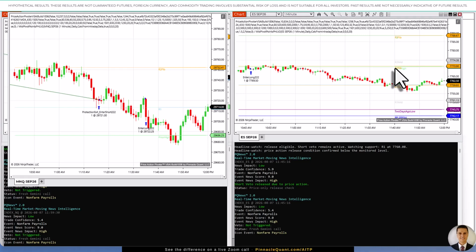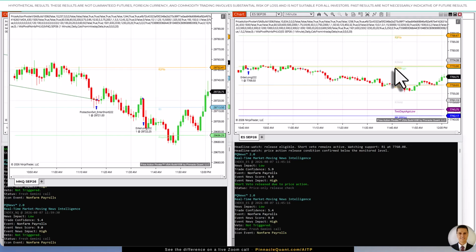Go to my website, pinnaclequant.com, go to the trading blog page where you can see all the updates, and scroll all the way down to download that tool. It's a dashboard. You upload the CSV file that comes from the executions tab of NinjaTrader, and it gives you the exact numbers without any mistake.